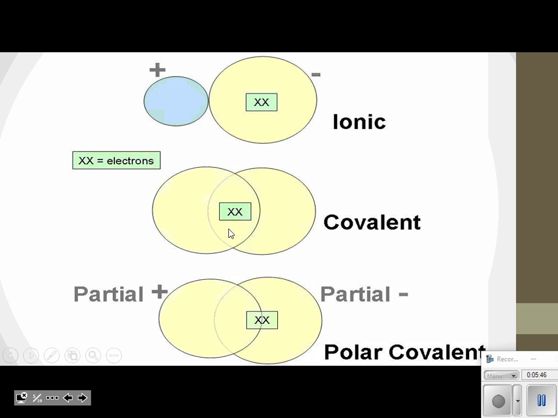Nobody is winning the tug of war. This one, the polar covalent bond, see how the electrons are pulled closer to this circle and away from that circle. That makes this side partially positive because it's losing the partial, and this side partially negative. Those electrons aren't in the dead center like these are. They're pulled over closer to one element than they are to the other element.